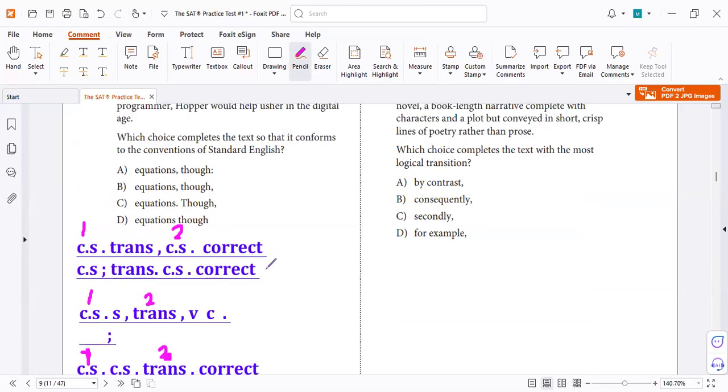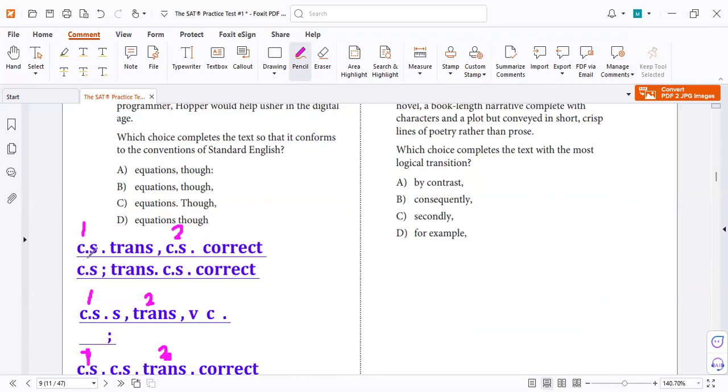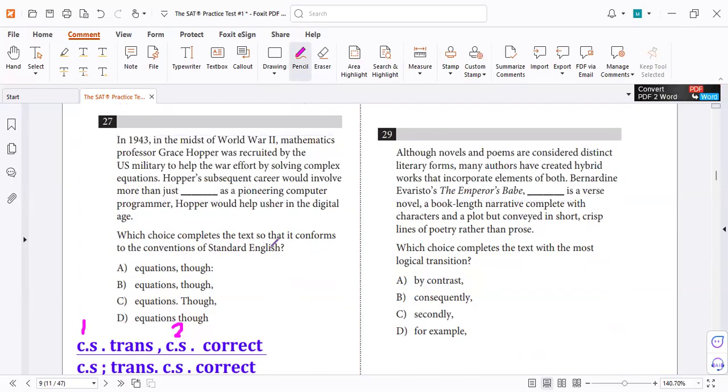If we change the positions for this question, where is the first sentence and the second sentence? It depends on the position. If you are going to check letter A, let's check it. The transition word is at the end. But that is the second. Where is the second here? Let's check. That is the second.